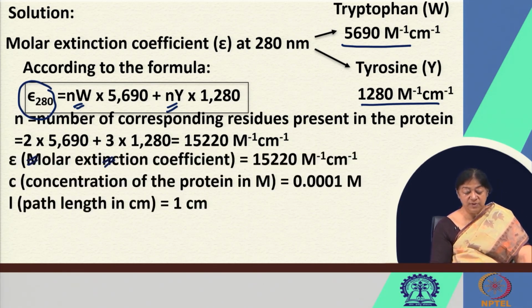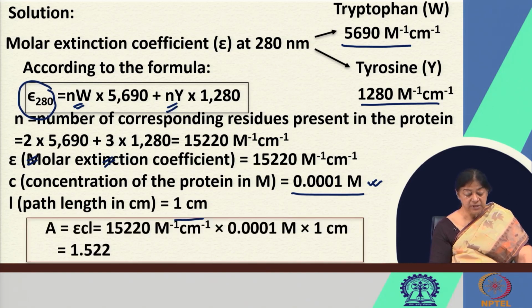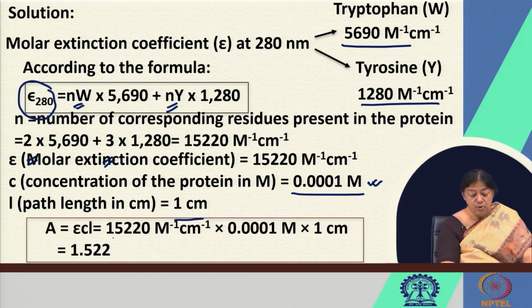Once we have the molar extinction coefficient, we know the concentration and the path length. The concentration was given as 0.1 millimolar, and we have to be very careful that our units cancel out, because absorbance values are unitless. Where did we get this from?